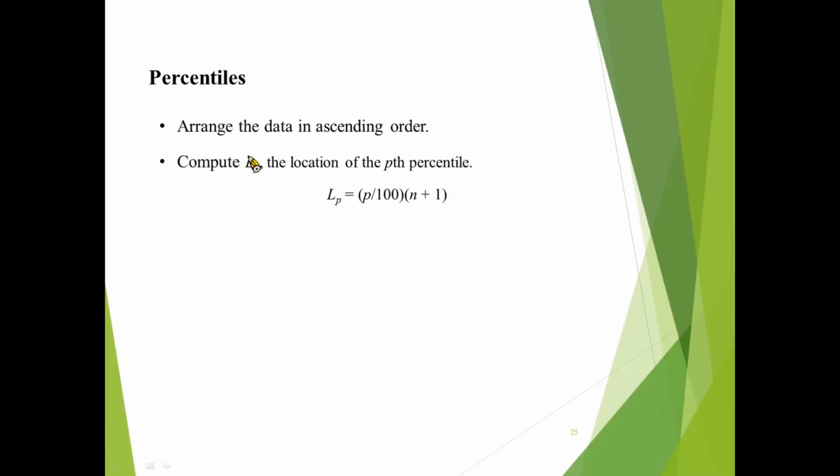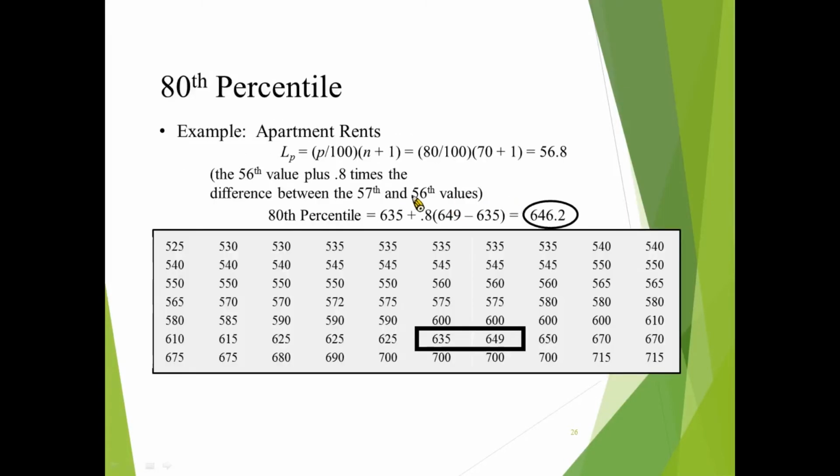And this is arranging the data in ascending order and computing the location of the pth percentile. And this is the formula. Okay. So you can see this sample. You want to know the 80th percentile. Okay. So you can see the p is 80 and the n is 7.